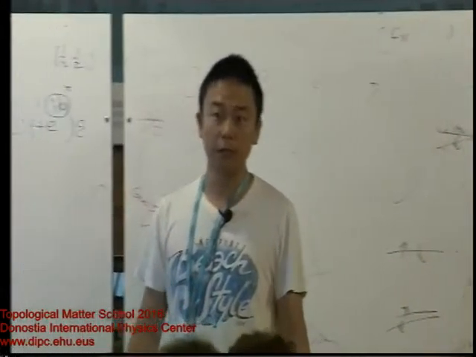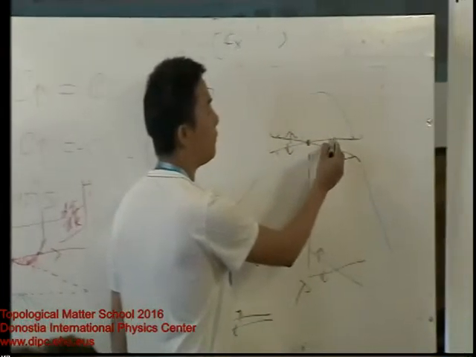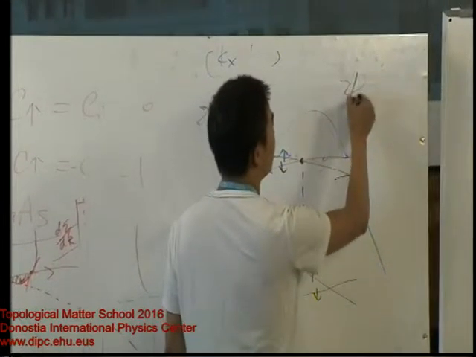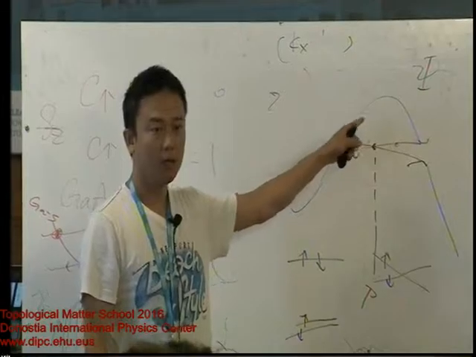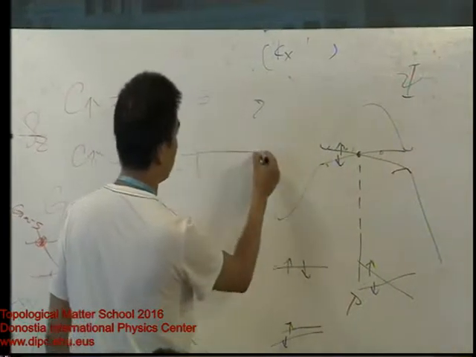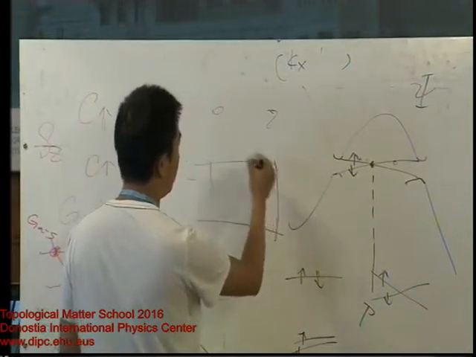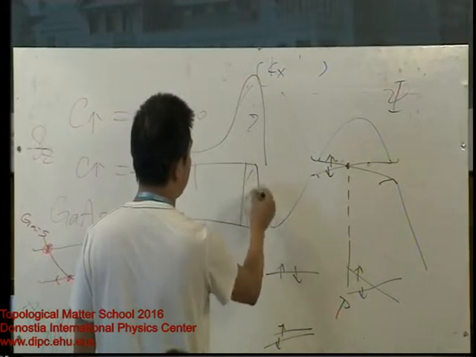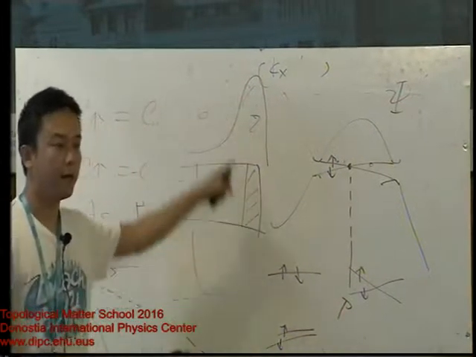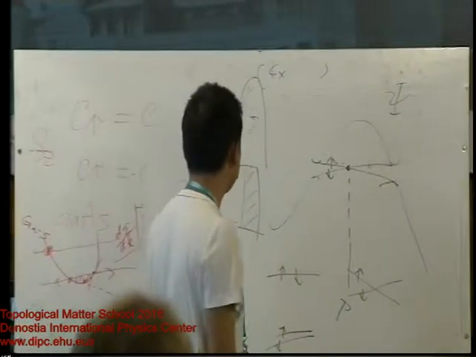Commonly we just pick out the wave function and see the real space distribution. If you see this state very localized in the boundary region, we say it's an edge state, localized on the edge.